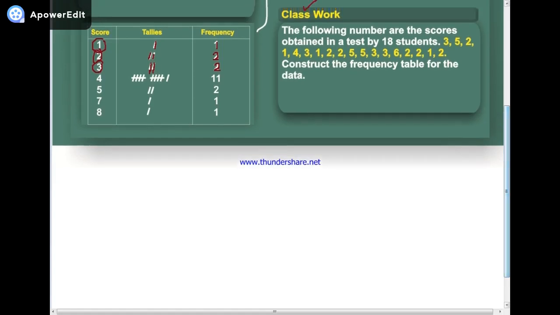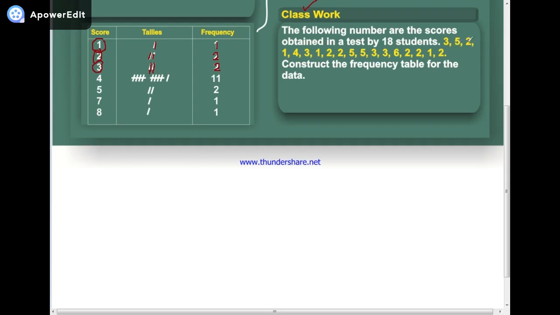So you're going to solve the classwork here. Now, the classwork goes like this. The following numbers are the scores obtained in a test by 18 students. If you count all this data here, you will see that the scores are 18.